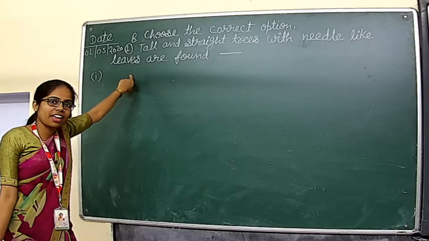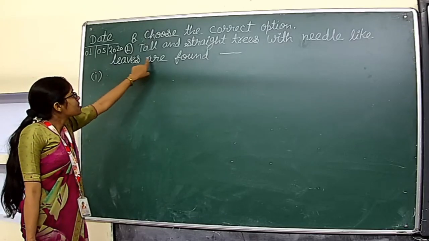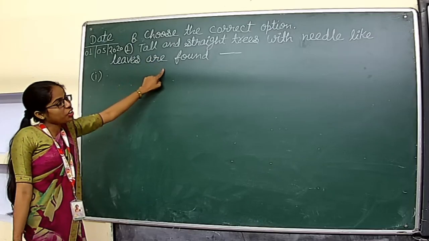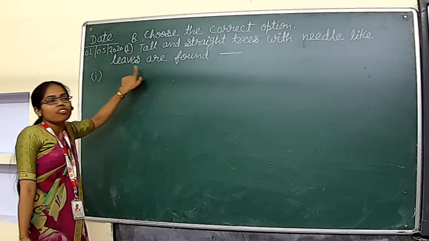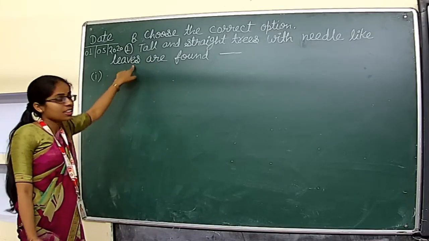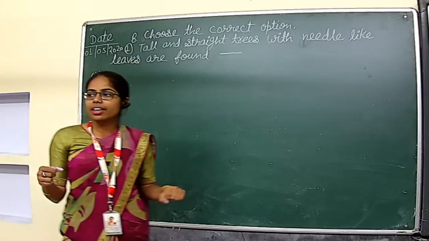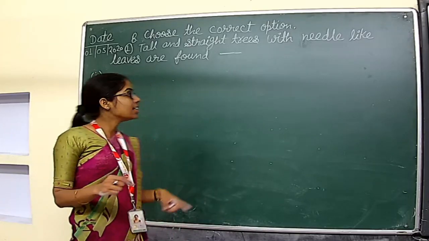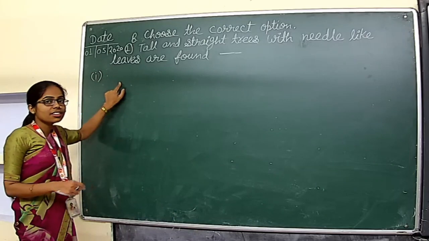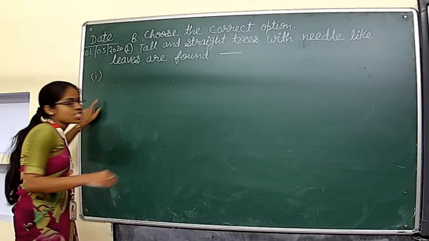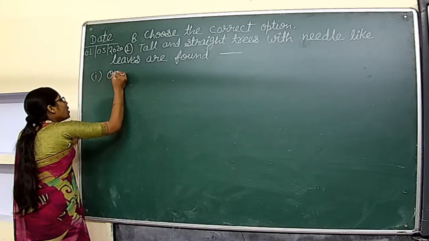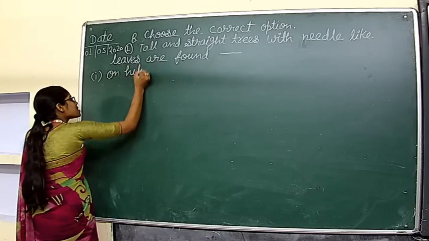By mistake it happened. Tall and straight trees with needle-like leaves. Leaves are like needle, are found dash. The first option is on hills.